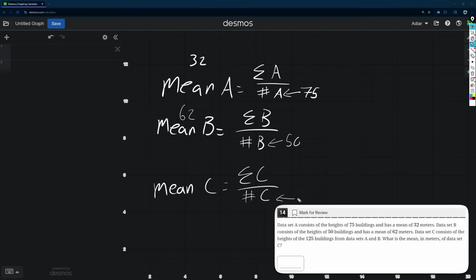We know that the number of C is 125. And also we know one more thing. We know that the sum of all the numbers in C is the same as the sum of all the values inside of A plus the sum of all the values inside of B. And that will give us the sum of all the values inside of C because we're just combining A and B. So that equals the sum of A plus the sum of all the numbers in B.